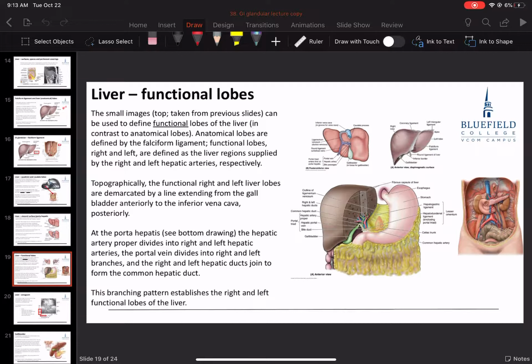So if you would go to a picture like this and draw a line from the fundus of the gallbladder back here to the groove where the inferior vena cava is going through, that line very closely approximates the border between the right and left functional lobes. Okay?